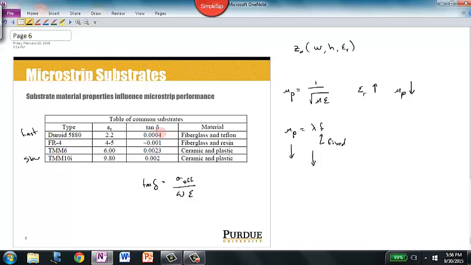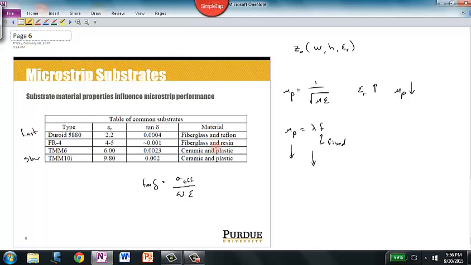There are other properties other than epsilon r and loss tangent that affect microwave circuit performance, and that's temperature, which is going to impact the dielectric constant and the loss tangent. The material that the circuit board is made out of also is going to have some influence on the physical properties of the circuit board in terms of flexibility.